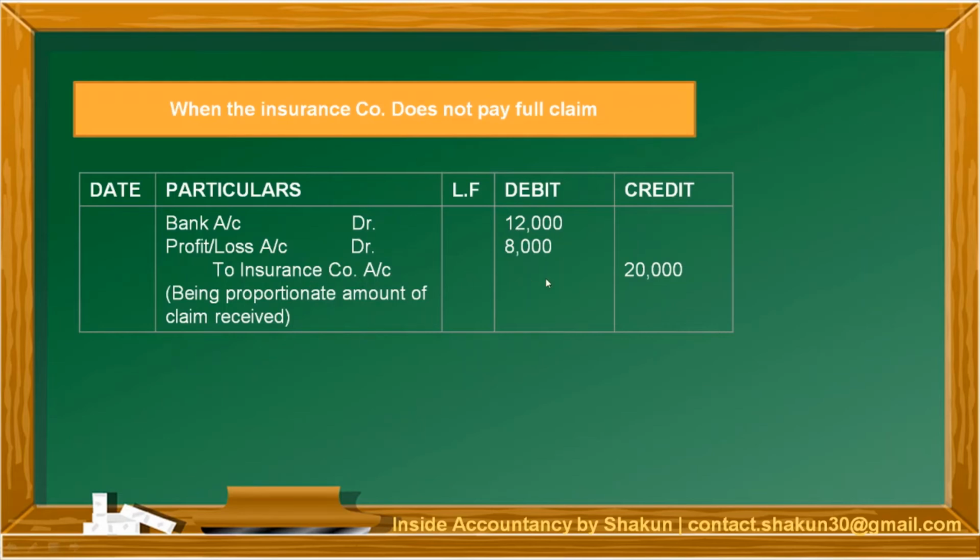Insurance company is credited with 20,000 because we had created an asset of 20,000 in the previous entry. So the amount which has not been received goes to profit and loss account. Since it is a loss, the P&L account is debited. Please note, profit and loss account is the account that you prepare in order to ascertain the profit or loss in the business. So this loss will be transferred to that particular account.